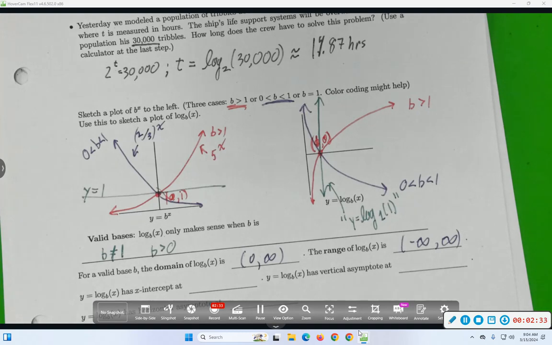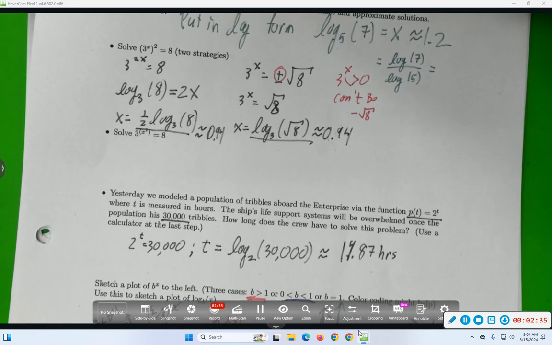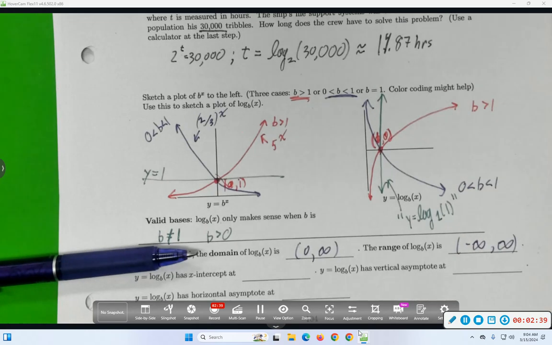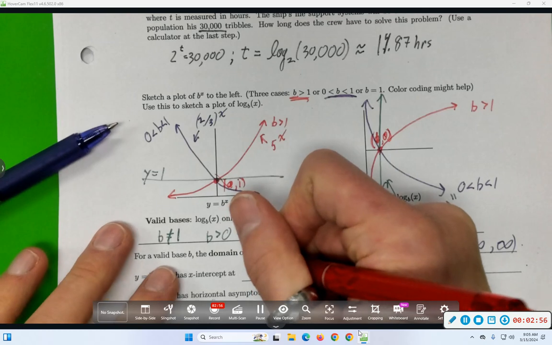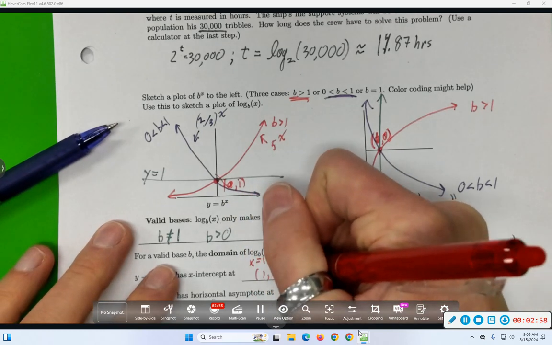So let's read off some more things from this graph. Tell me about the x-intercept of the graph of the logarithm of x. 1. Yeah, maybe I'll be a pedant and say either x equals 1 or (1, 0).